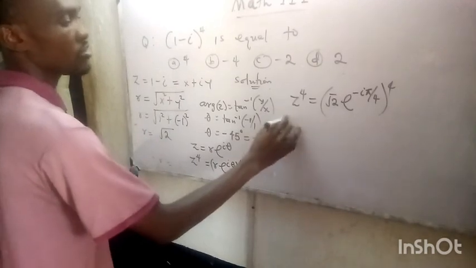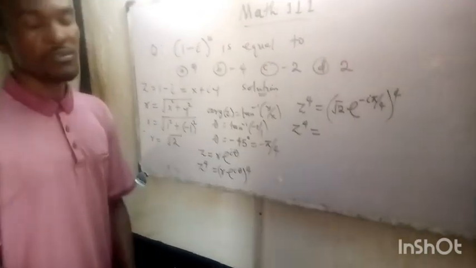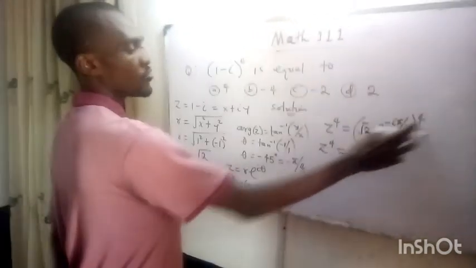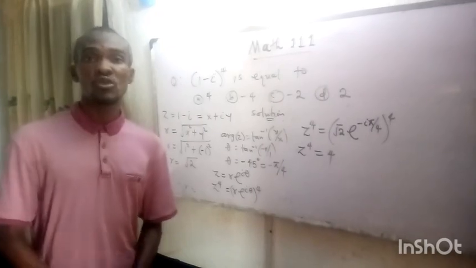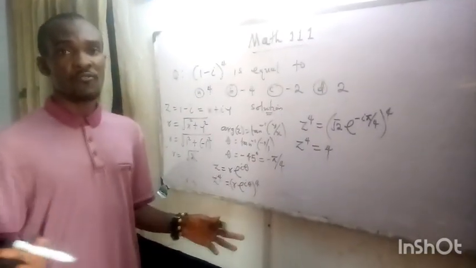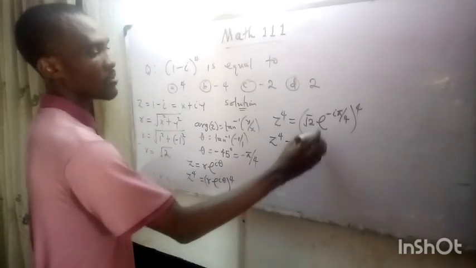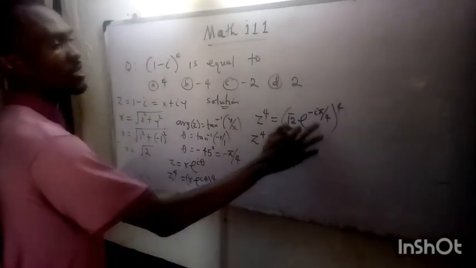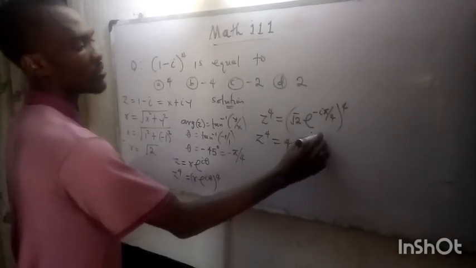So when we do this using the laws of indices, root 2 raised to the power of 4 is going to give us 4, because it's root 2 multiplied by itself 4 times. And then minus i pi over 4 times 4 is going to give us minus i pi.